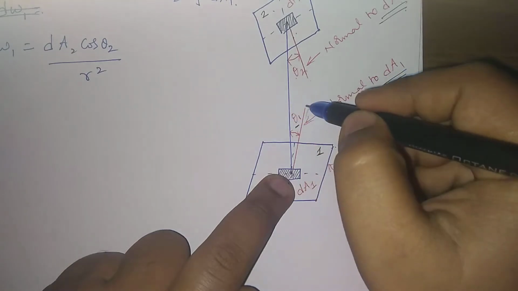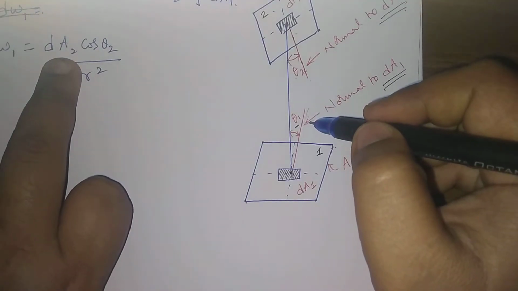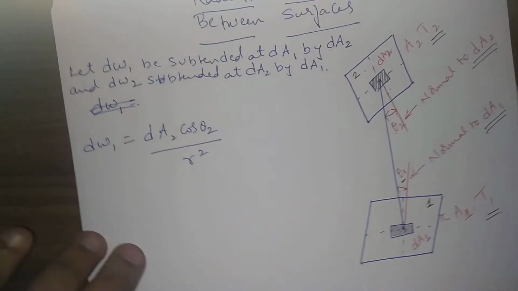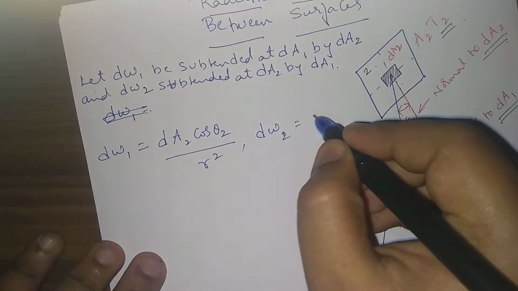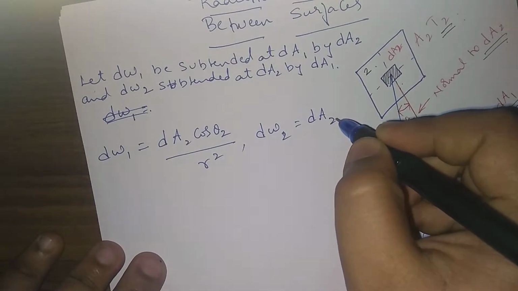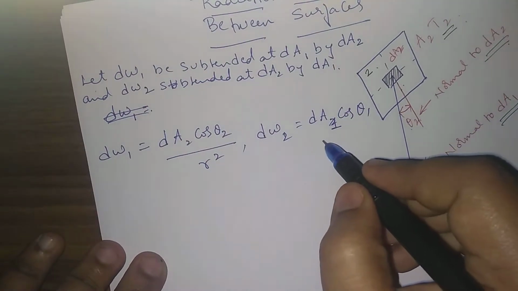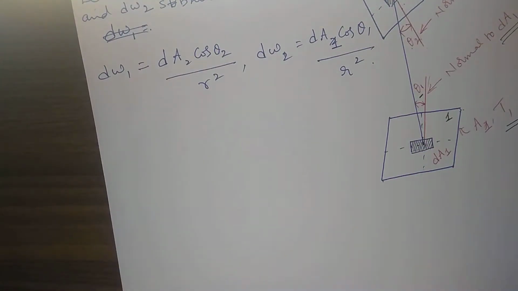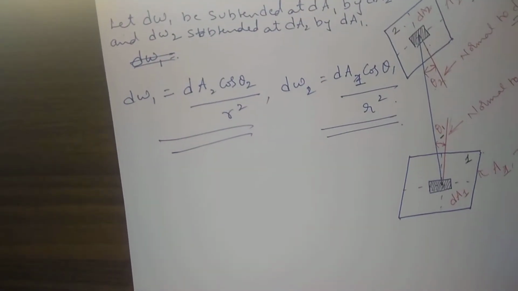So whatever three-dimensional cone is there, whatever that area is equal to dA2 cos theta 2 divided by r square. This can be derived mathematically. Similarly, what will be d omega 2? It will be dA1 cos theta 1 divided by r square. This can be mathematically derived. If you want, you can look into the textbook.